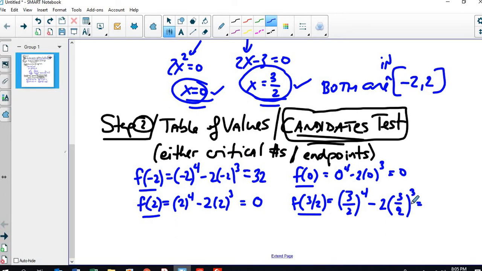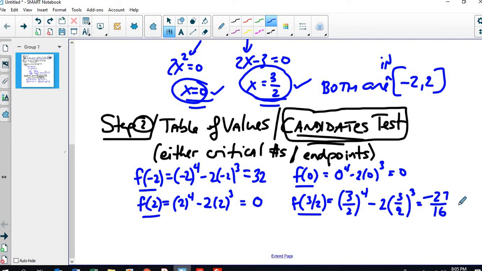When I go to do that, I get negative 1.6875 on my calculator. If I change that to fractions, I get negative 27/16, so I have an exact answer there.